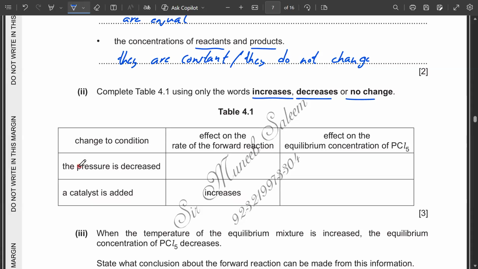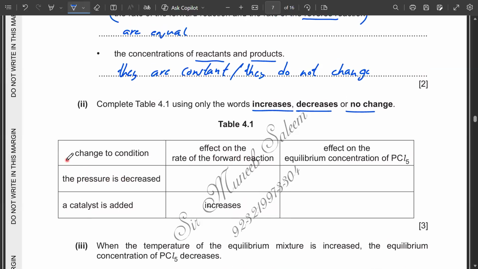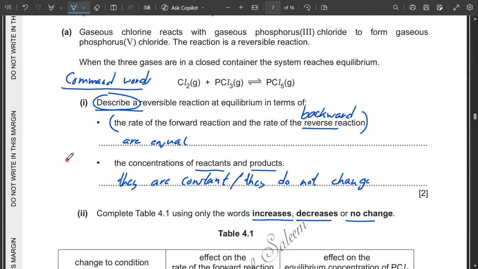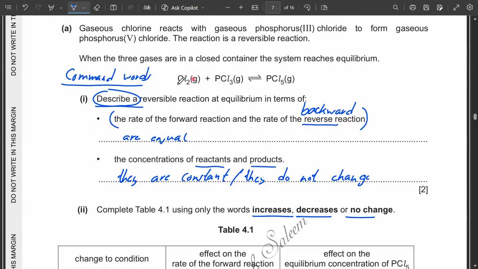So if they change the pressure by decreasing it, what will be the effect on the rate of the forward reaction? For this purpose, you have to refer to the chemical equation. We remember pressure is related to the moles.